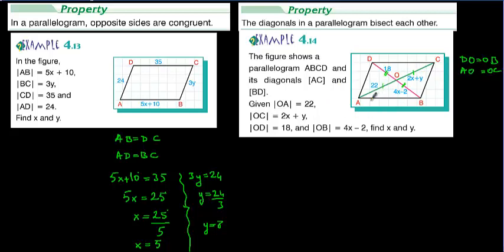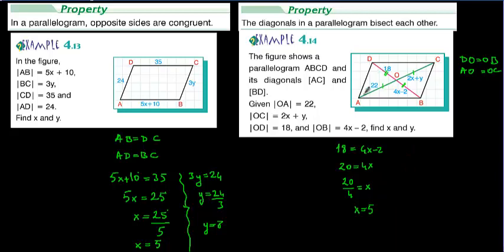In this question, we are going to use that. DO, 18, is equal to OB, which is 4x minus 2. So 20 is equal to 4x, and 20 over 4 is equal to x. x is going to be equal to 5.